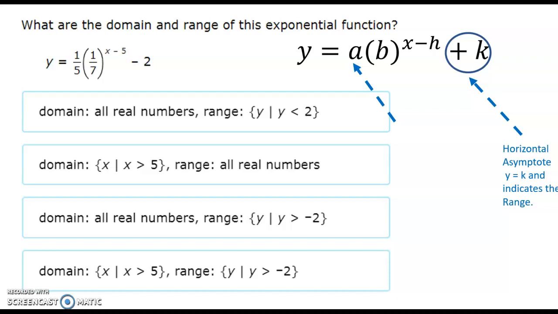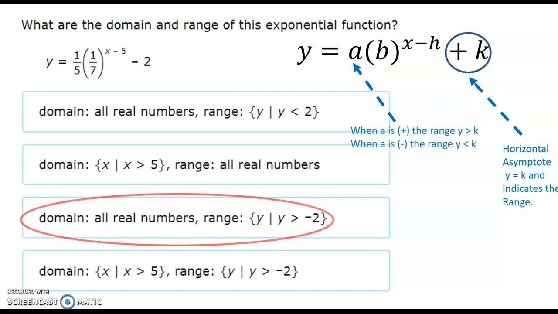The a value is the number in front of b, which helps us identify whether we're going to use a less than or greater than symbol. Since the a value is a fraction and it is positive, we're still going to use a greater than symbol. Therefore, my answer is going to be the domain is all real numbers and the range is y such that y is greater than negative 2.